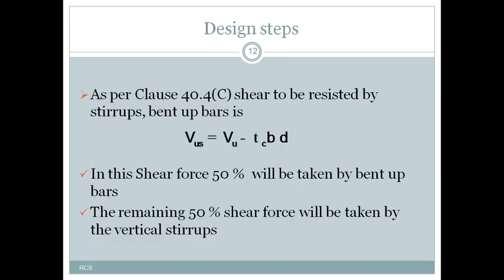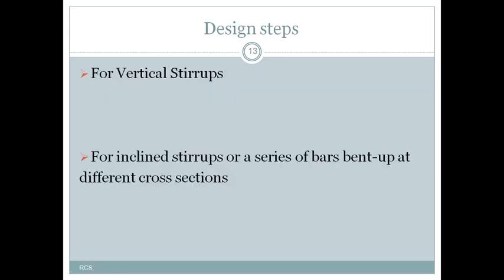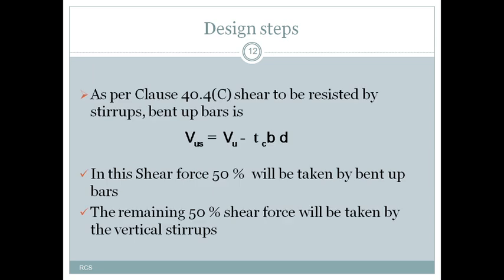Right? See here, this is a very important step again. As per clause number 40.4, the shear to be resisted by stirrups and bent up bars is VUS equal to VU minus tau C into BD. So what do you mean by this formula?